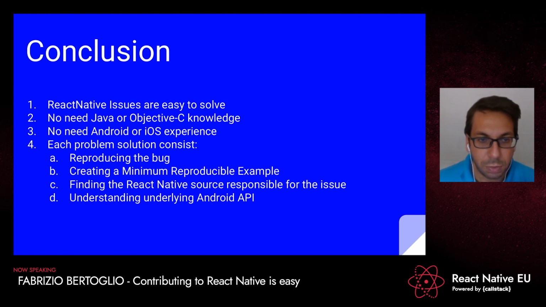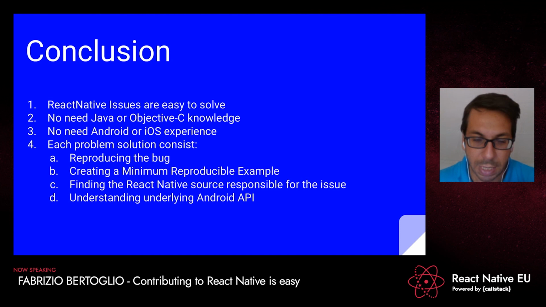So to reach the conclusions about React Native issues right now. Many of the issues we have open in our open source project are probably relatively easy to solve, and there's no need for Java or Objective-C knowledge to solve those problems.